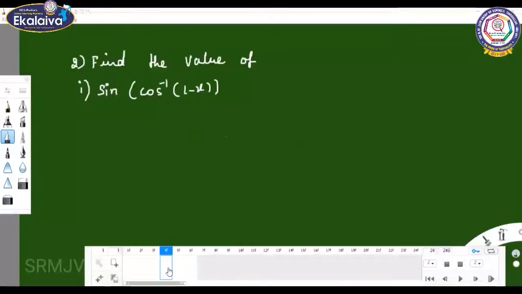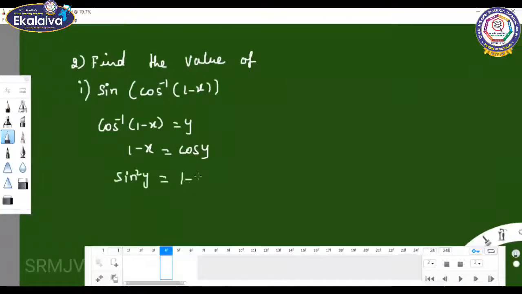Find the value of sine of cos inverse of 1 minus x. You can take cos inverse of 1 minus x equal to y. So 1 minus x equal to cos y. What is the formula for sine square y?